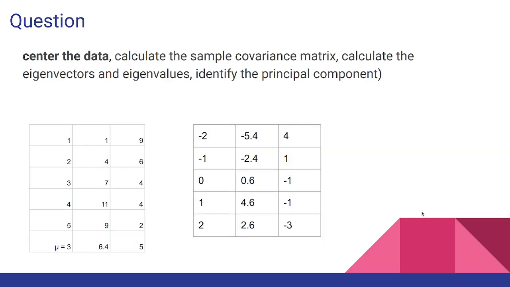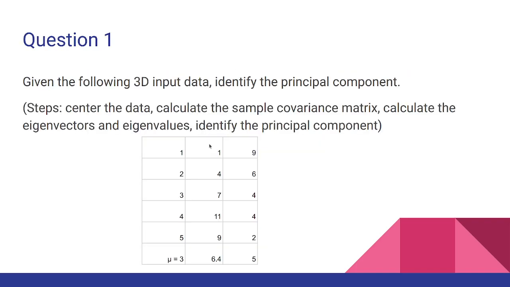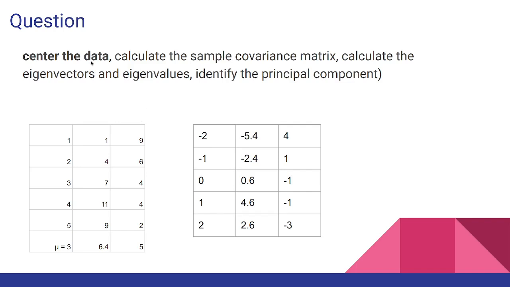At first, center the data. To center the data, we need to find the mean first, and then subtract the mean from every value. If we take the column-wise mean, 1, 2, 3, 4, 5, the summation is 15, and the average is 3.